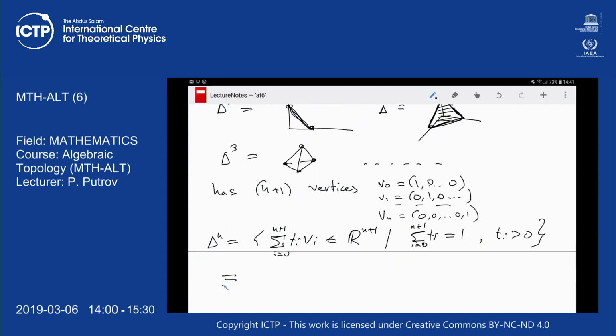And so for a simplex with vertices v0, v1, and so on till vn, it's useful to use this notation.